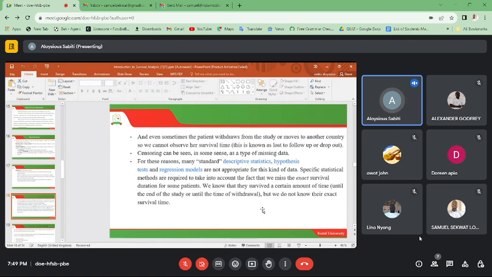Descriptive statistics such as the mean and median look at data that is absolute or relatively available. Hypothesis tests or regression models look at single years and at data that is available.